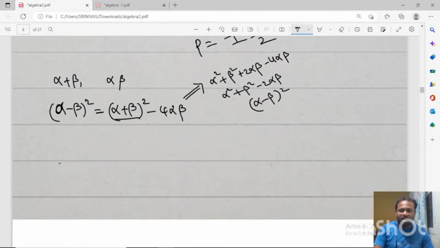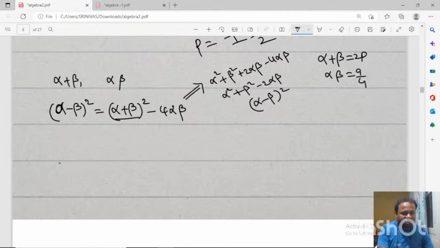In the question, the difference is 4. This is the simple method. The difference is 4 given. 4 square, just substitute in the question. That's it. I didn't do anything.